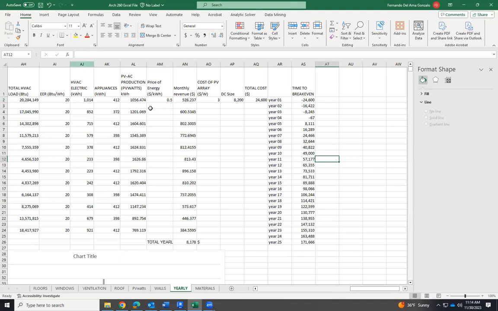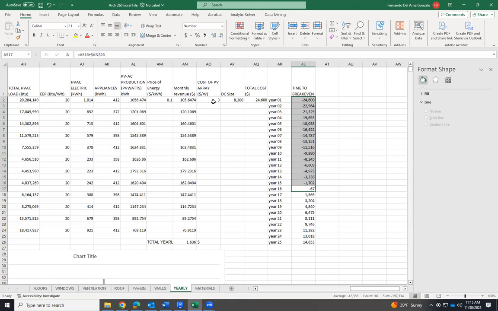Okay, so you see that if this number gets higher, it's worth investing because in 4 years we're done and we start making money, and the money that we make after 25 years is much more. If the price of energy is very low, then the amount of money that we make with this investment is very low, and it takes more time to recover that investment.